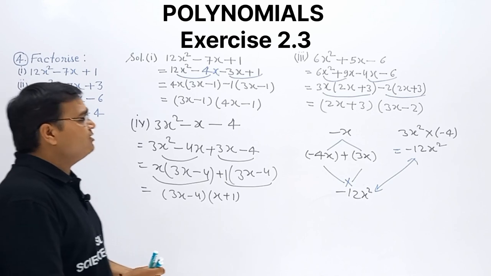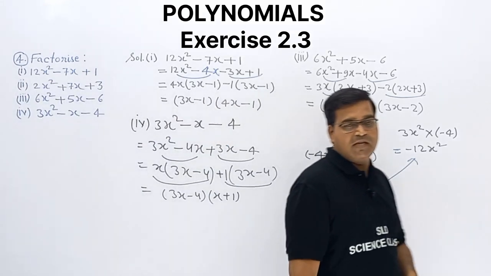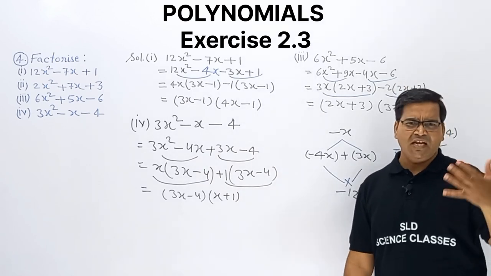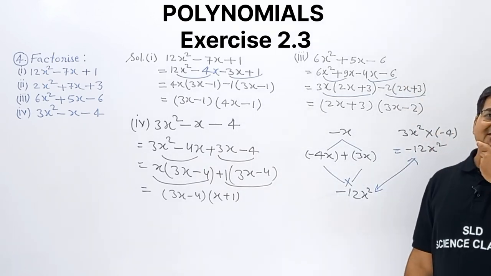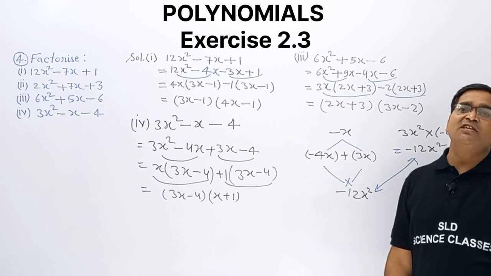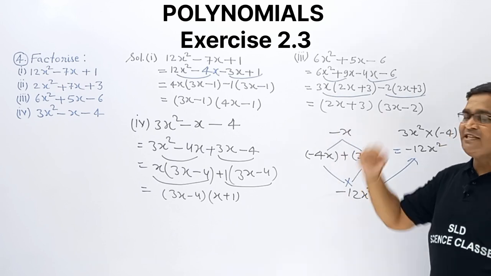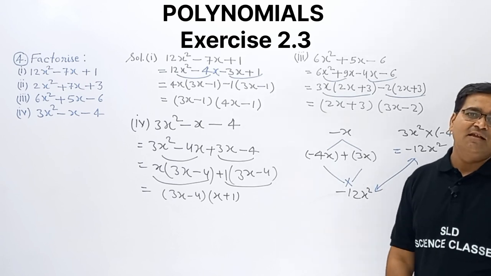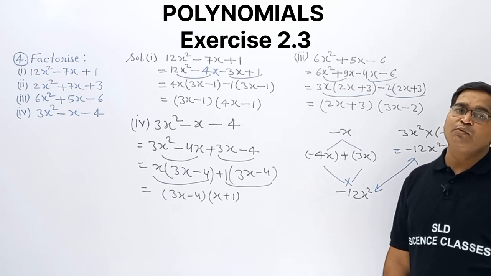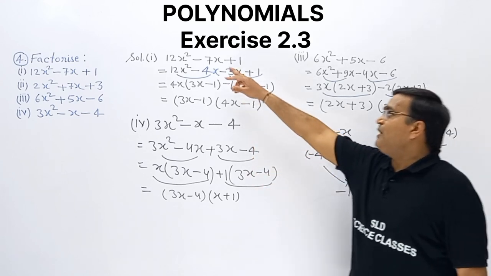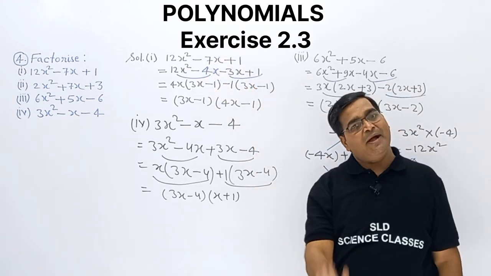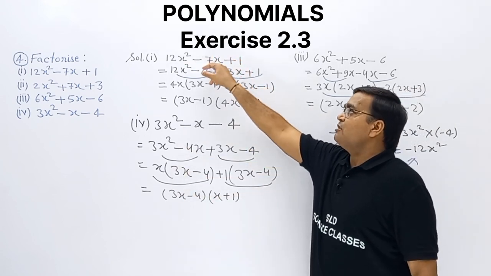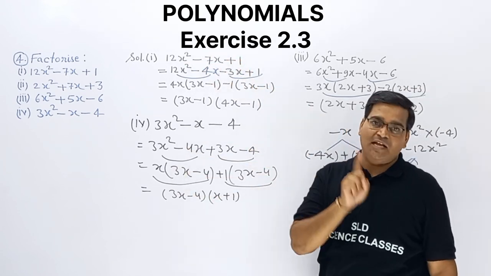So in all these questions, what are we doing? We are factorizing. And how are we factorizing? We have quadratic polynomials, and to factorize them, we split the middle term into two parts. The sum of the two parts should be equal to this x term with its sign.